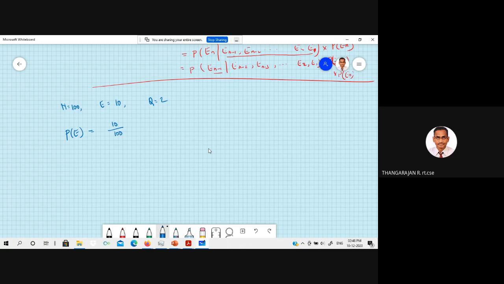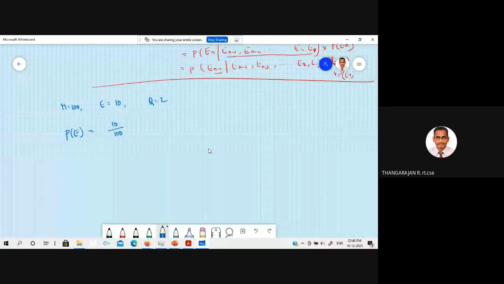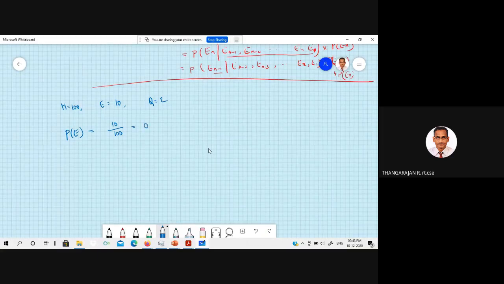We want the probability of a person you are picking to be exposed. So 10 are exposed, that is favorable to you, and 100 are the total people. So 10 by 100, that is equal to 0.1. So 0.1 is the probability that a person you pick will be an exposed person.